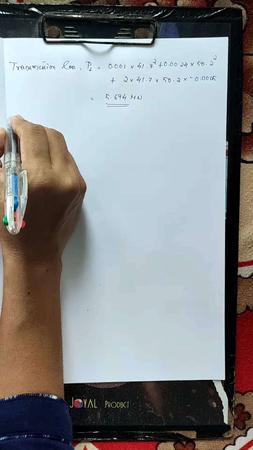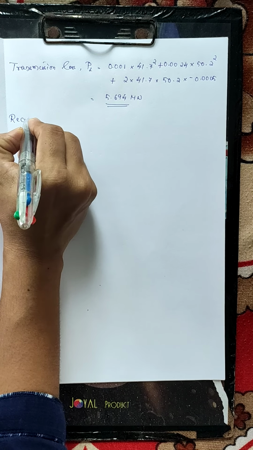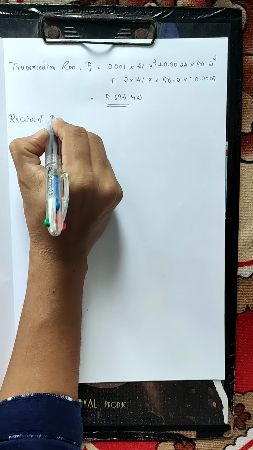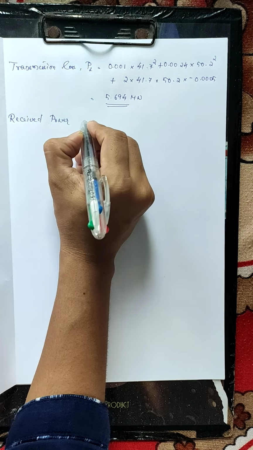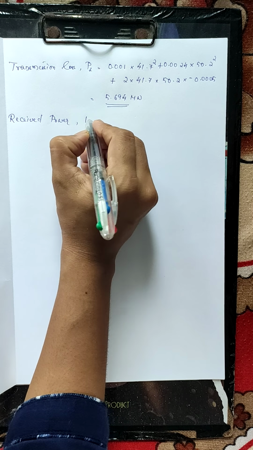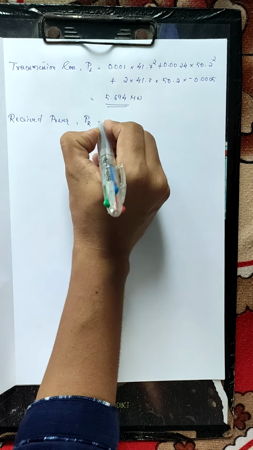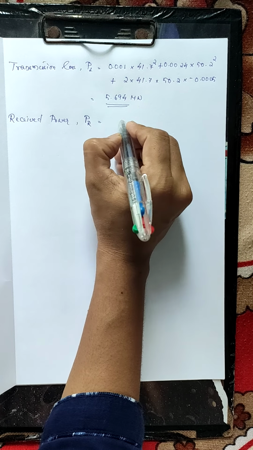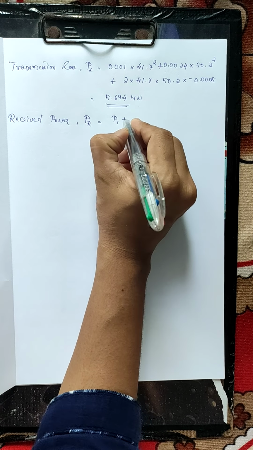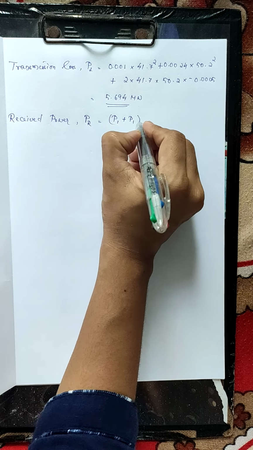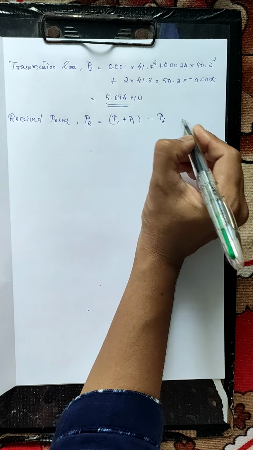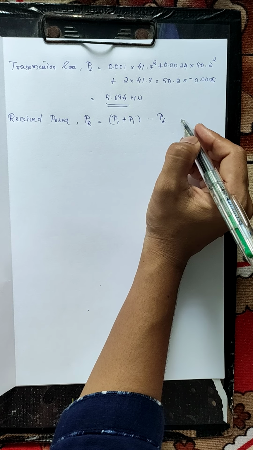So now another term that we have to calculate is the received power. So what will be the value of received power? Received power PR will definitely be equal to total power generated, that is P1 plus P2, minus the loss occurring in the transmission line.